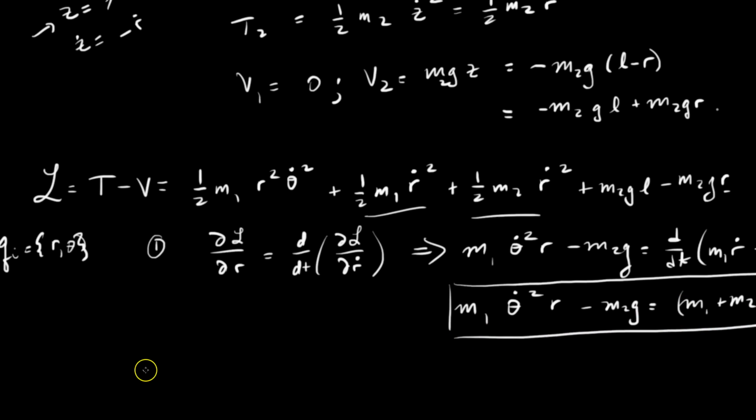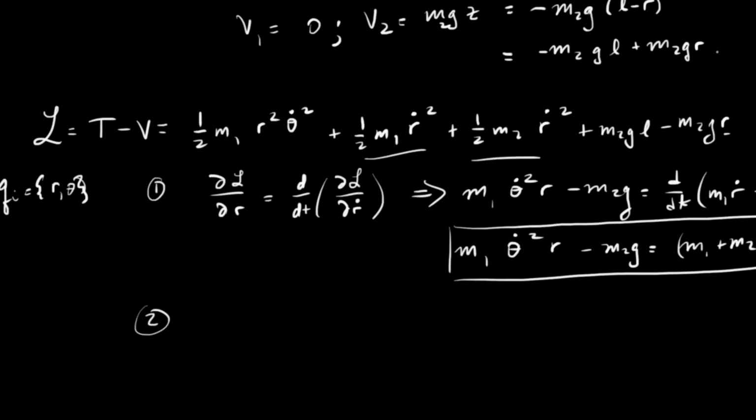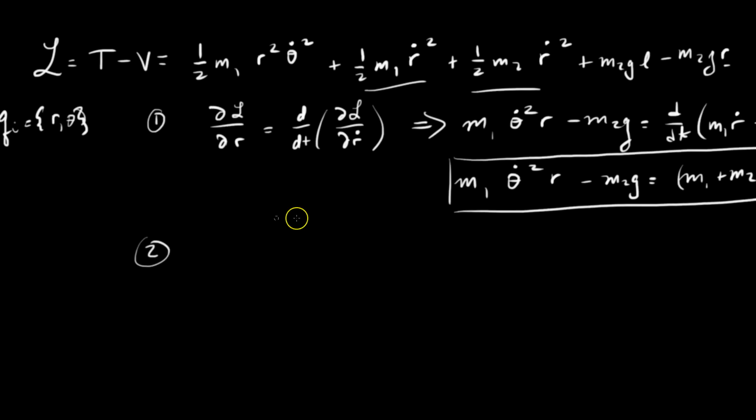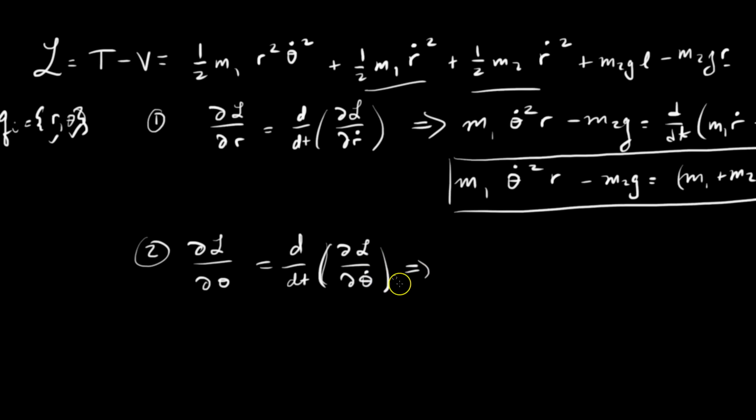And then the second equation of motion, fairly simple again, is just going to be dL/d theta, that's our second basis, is equal to the time derivative of dL/d theta dot. Okay, so dL/d theta, oh, there's no theta, so that's just 0. Nice.